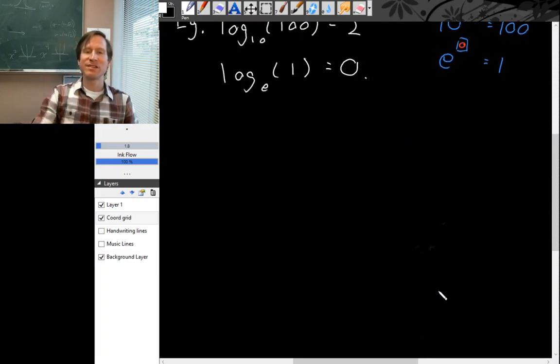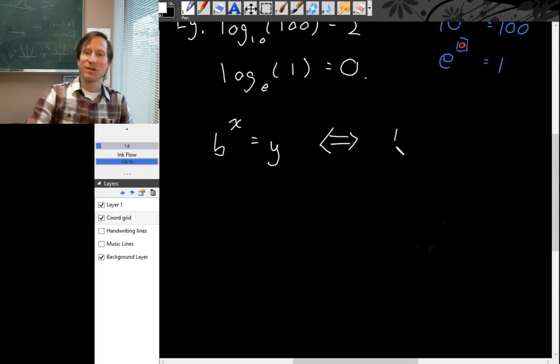Okay. You can see logs and exponentials are two sides of the same coin. On the one hand, if you have b to the x equals y, you can rewrite this as a fact about logarithms. The corresponding fact about logarithms is that log base b of y is x.